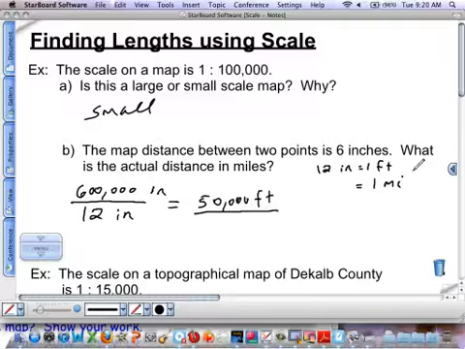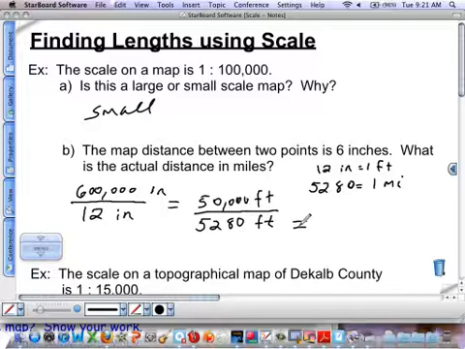All right, I thought it was on there, but it isn't. Write this down and don't lose this. 5,280 feet in 1 mile. That's all. 5,280 feet in 1 mile. So we're going to take that 50,000 divided by 5,280.